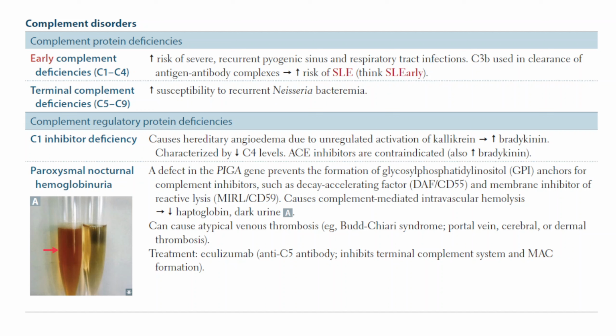I don't know if graphically you can see it better now. So real quick again, early complement deficiency goes from C1 to C4. It's associated with severe recurrent pyogenic sinus and respiratory tract infection. C3b is used to clear antigen-antibody complex and is highly associated with systemic lupus erythematosus.